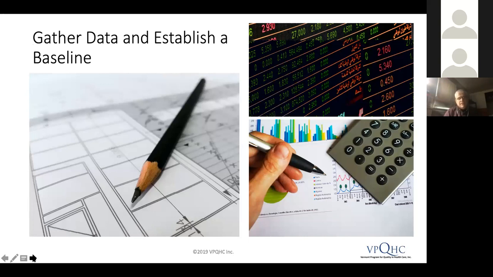So figuring out the data collection plan is a component of your PDSA and part of the planning process. You're not just talking about testing a hypothesis, you're talking about actually changing a process temporarily and being able to measure it. And the act of measurement implies that you've measured a baseline.